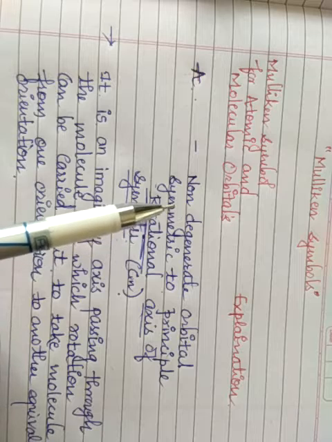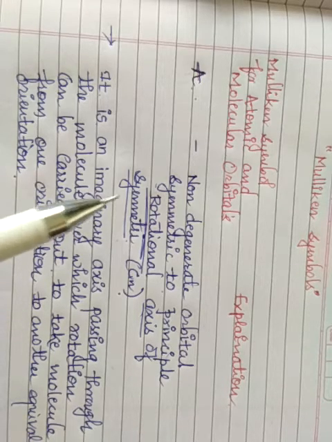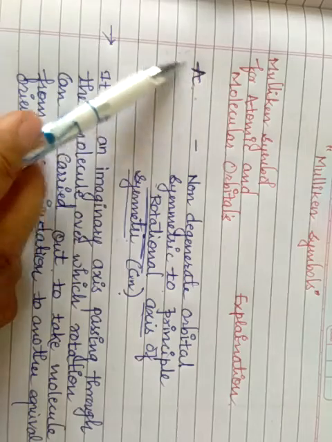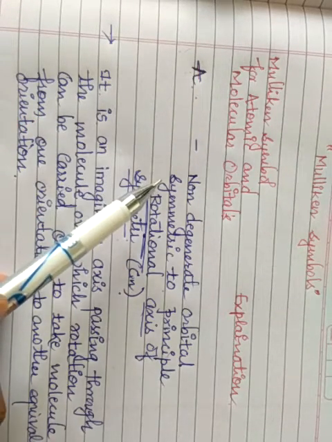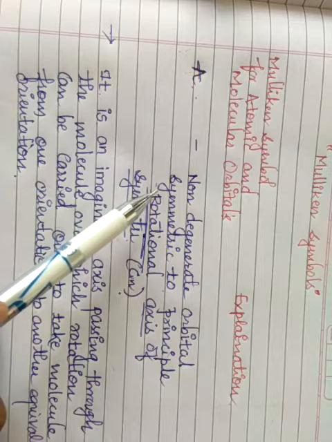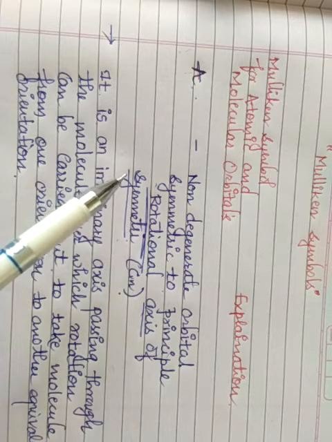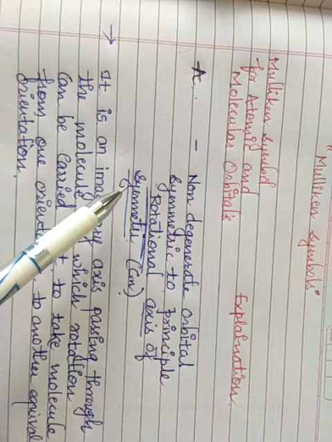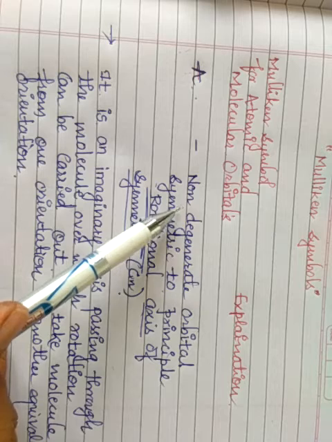In that, the first symbol is capital A. A means the molecule with the symbol A is a non-degenerate orbital symmetric to the principal rotational axis of symmetry. First thing, which type of orbital?